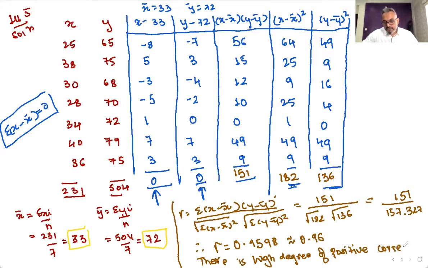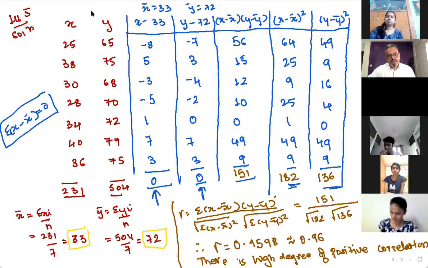So this interpretation you have to write. If you don't write this interpretation, then your marks will be deducted. So you should not only find r, you have to read the question also, what has been asked. Did everyone understand?